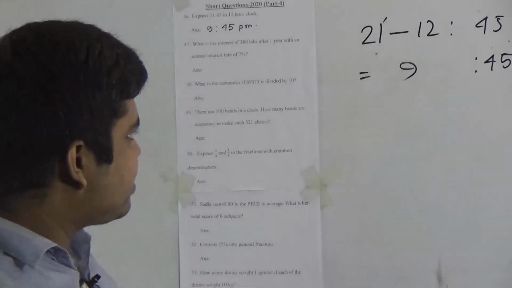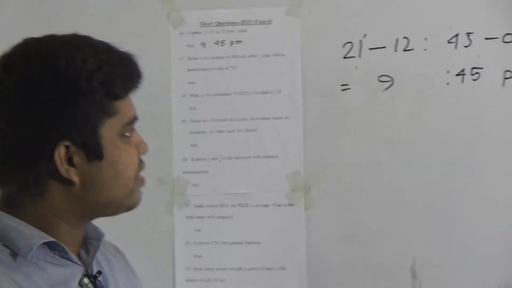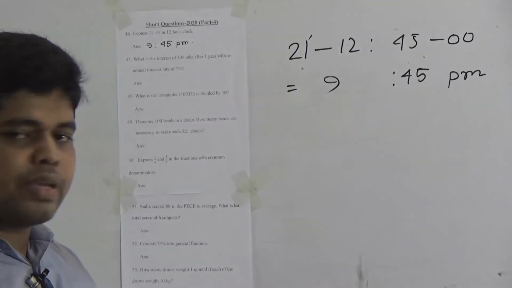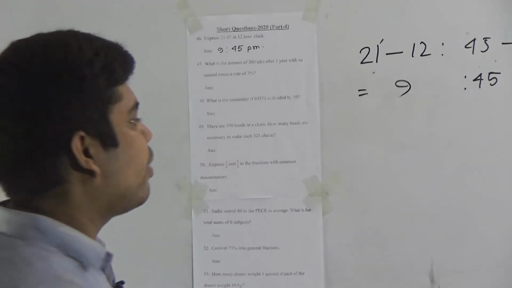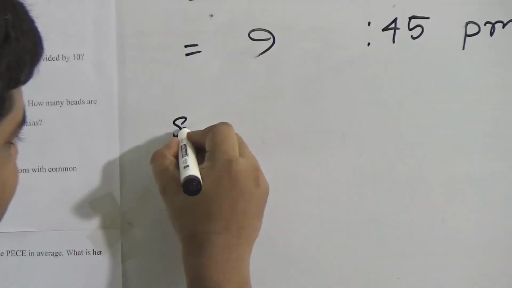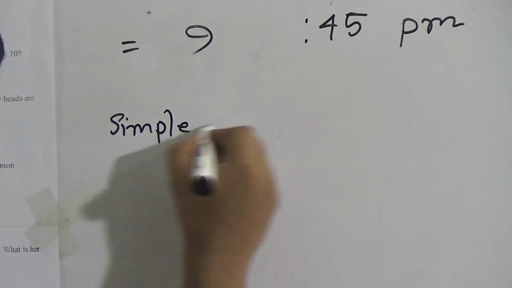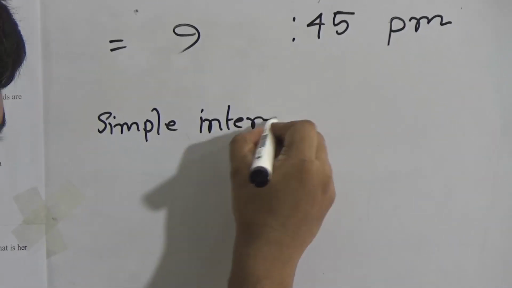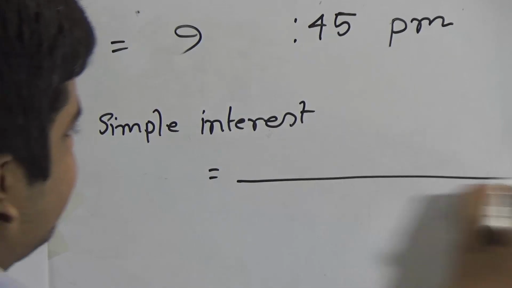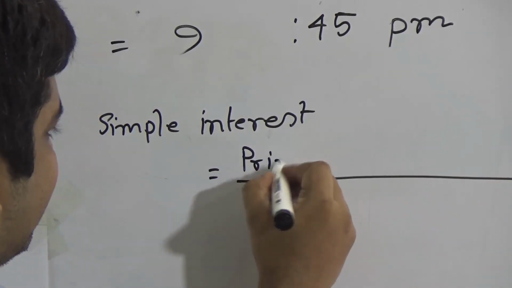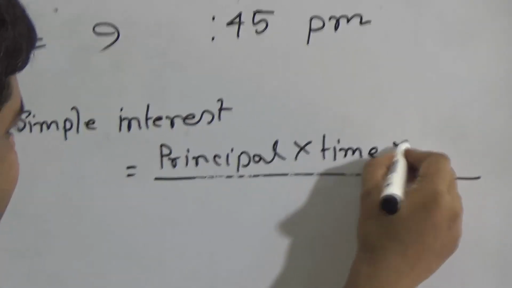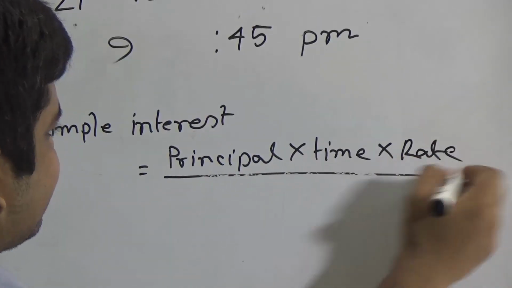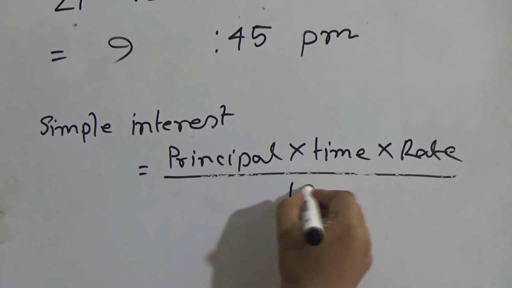The simple interest is principal multiplied by time multiplied by rate, divided by 100. Now we write: simple interest equals principal multiplied by time multiplied by rate, where rate means interest rate, divided by 100.